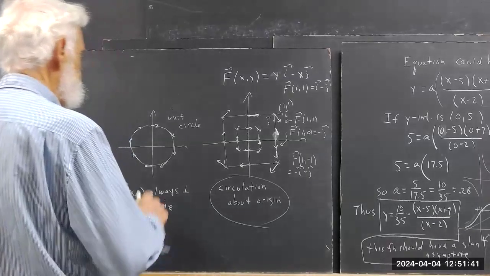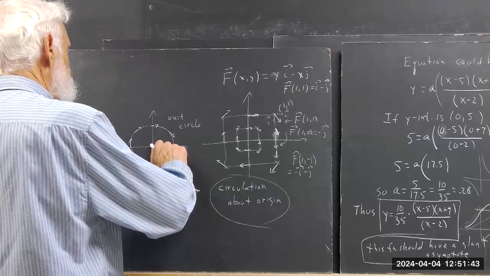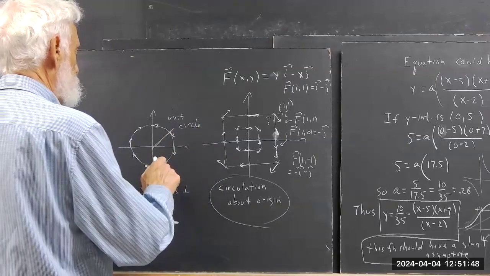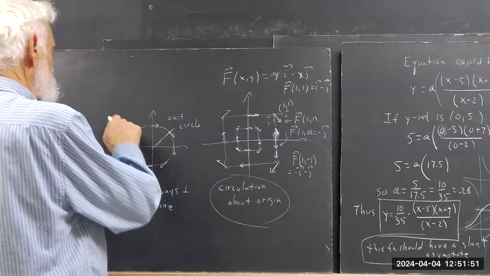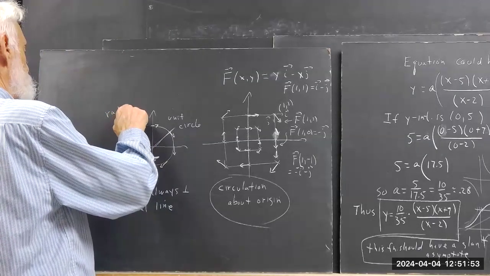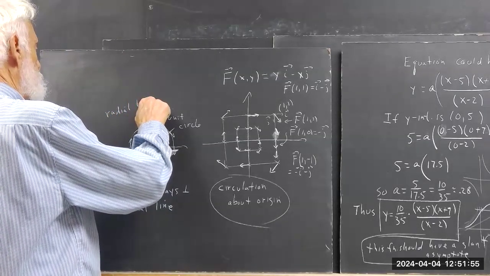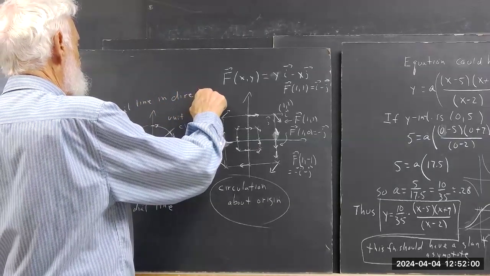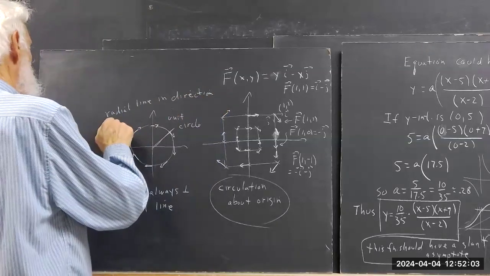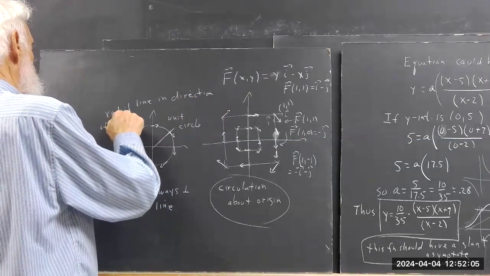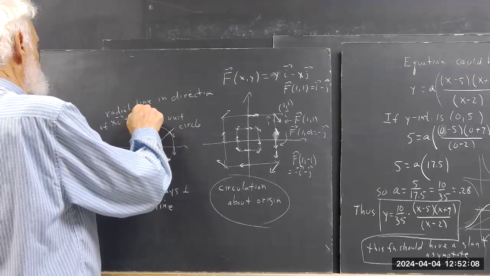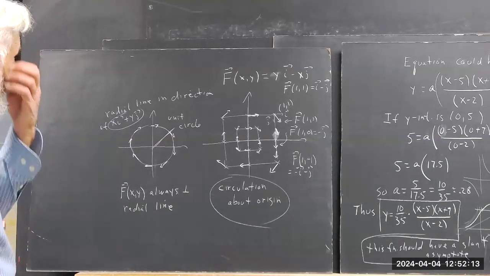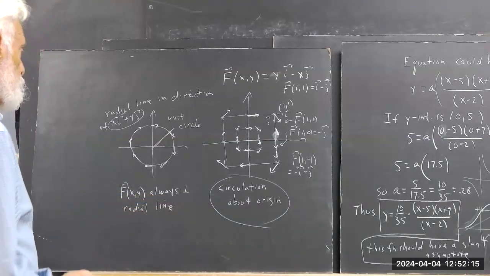Your radial line is in the direction of x i plus y j, say. So f of x, y is always perpendicular to the radial line.